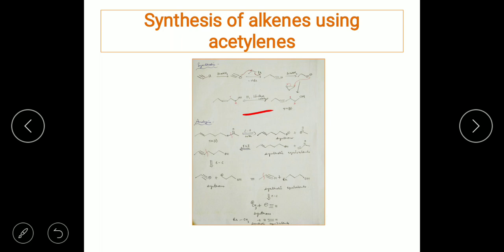Once you use Lindlar's catalyst, it is going to be stereospecific. It is not going to further reduce the alkene to an alkane. Hence, we make use of Lindlar's catalyst because there's only going to be a one-step reduction. That is, the alkyne is going to be reduced to an alkene, and the alkene is not going to get further reduced to an alkane. So this is an advantage of using Lindlar's catalyst.